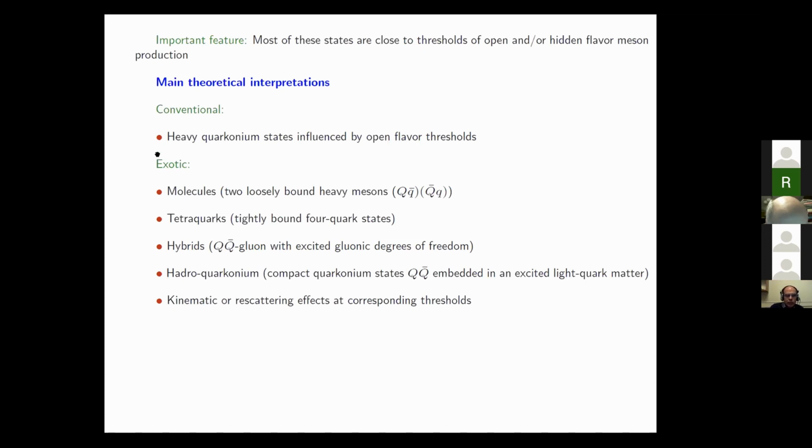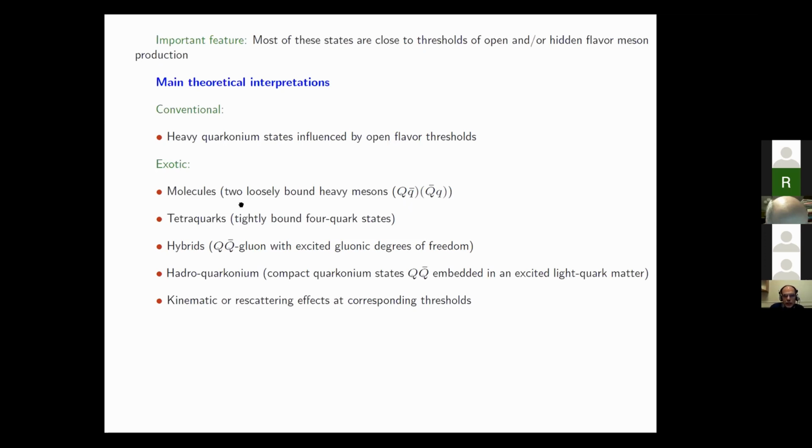Also, exotic interpretations were put forward. There is the molecular interpretation, that the state is a loosely bound state consisting of two heavy mesons. They are bound by the exchange of mesons, or maybe by some van der Waals force which originates from soft gluon exchanges.